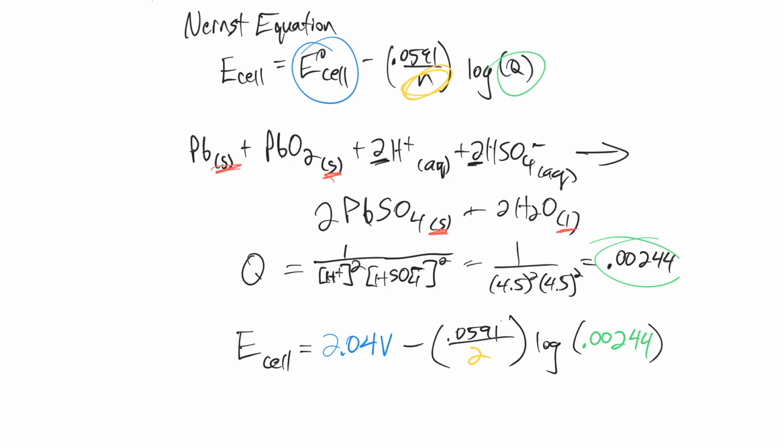So on my calculator, I'm going to do some punching. And it works out that the whole correction factor is less than 1/10 of a volt. So 2.04 volts minus a negative 0.077 gives us a final answer of 2.12.